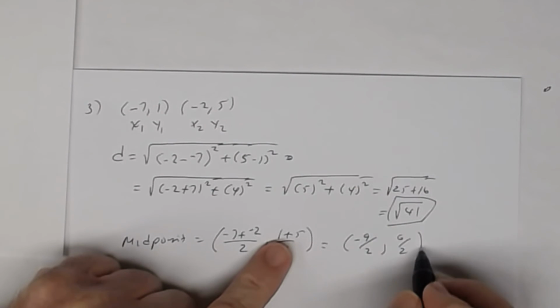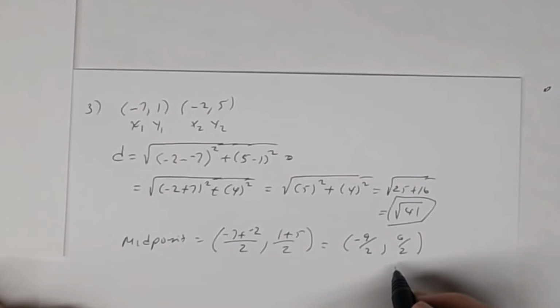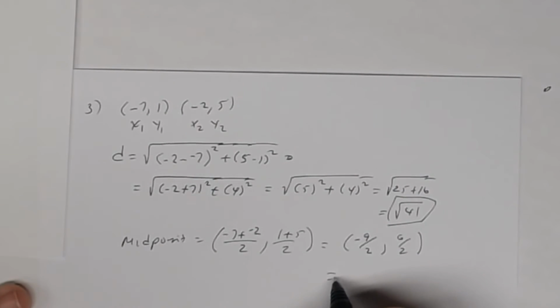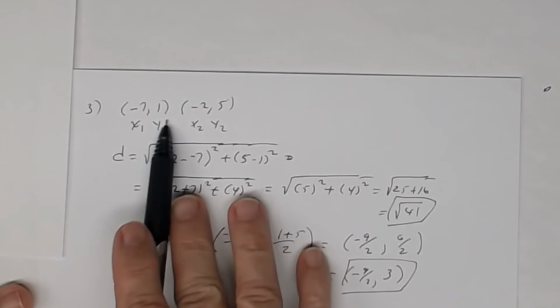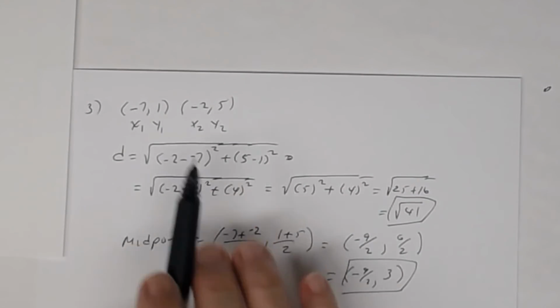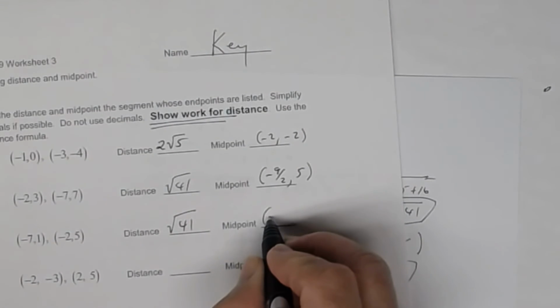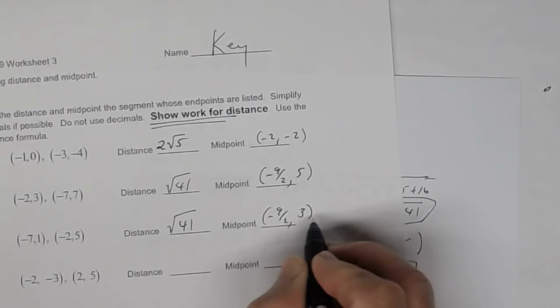I get 6 halves. I can simplify 6 halves, so you're expected to do that. So you get negative 9 halves, comma, 3. So there's your midpoint. So that's the point in the middle of the segment joining those two end points. So negative 9 halves, comma, 3.